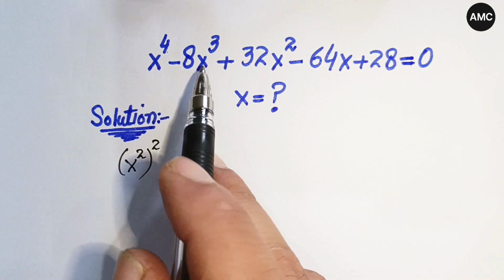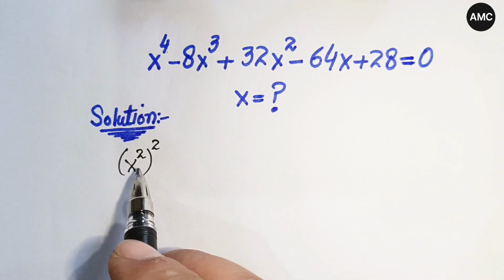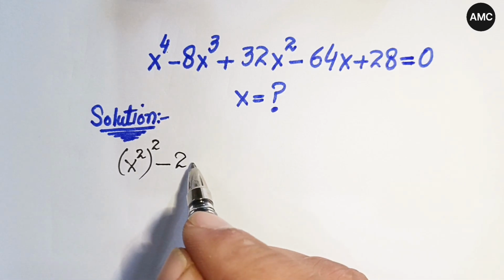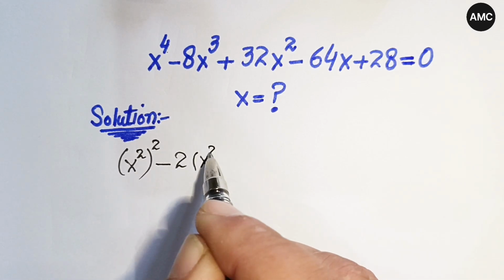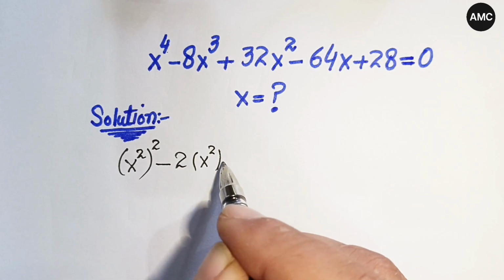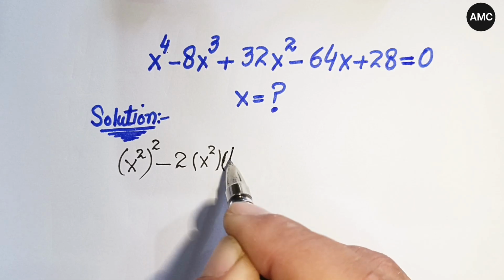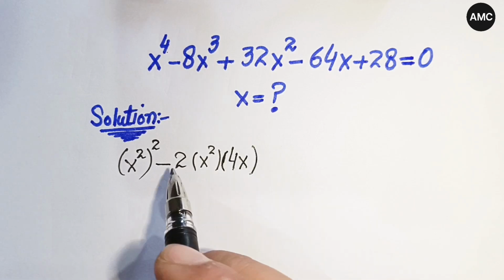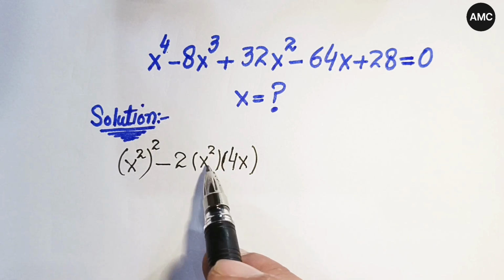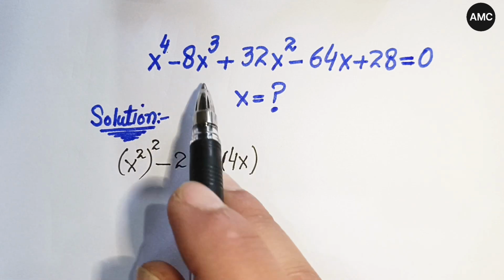Now minus 8x cubed, so if we write that as minus 2 times our first value, that is x squared, multiplying with 4 times x, here we get 4 times 2 is 8, and x squared times x gives x cubed.